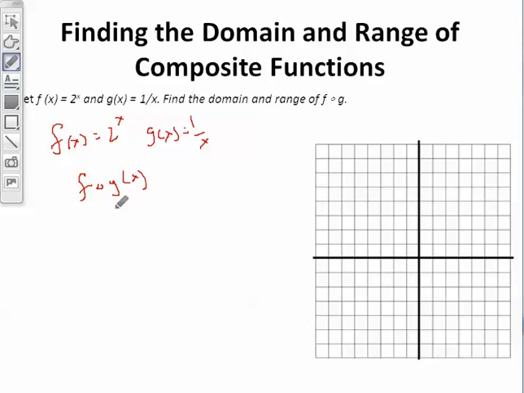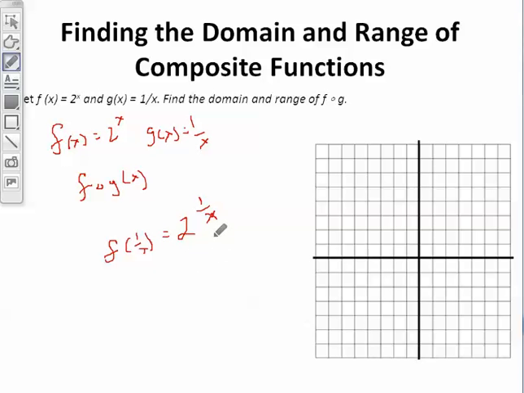Well, if you look at this, it's going to be equal to f of 1 over x. That's going to be equal to 2 to the 1 over x power. Yucky.